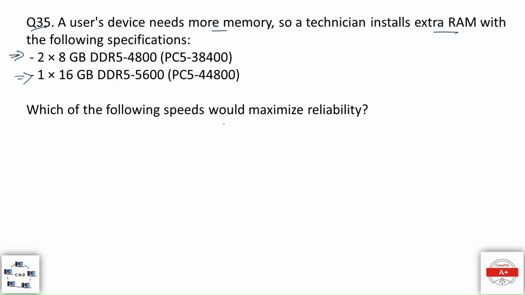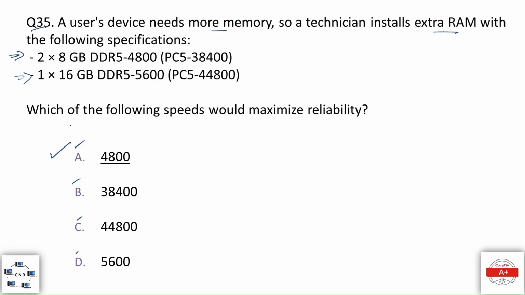Which of the following speeds would maximize reliability? The options are option A 4800, option B 38400, option C 44800, and option D 5600. And the correct option is option A, 4800.